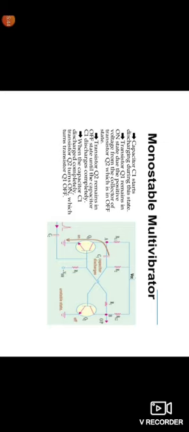When the capacitor C1 discharges completely, transistor Q2 turns on, which turns off transistor Q1. After complete discharging, Q1 goes into off state and Q2 goes into on state.